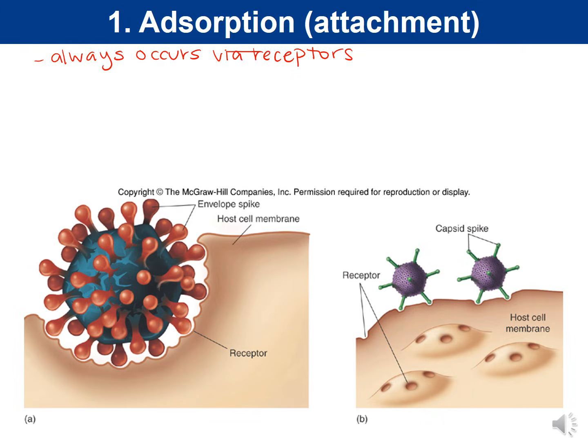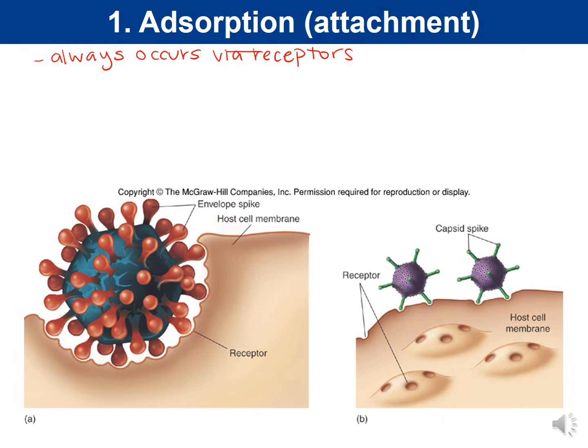Now, the way that the virus is absorbed is a little bit different if we're talking about an enveloped virus or a non-enveloped or naked virus. In both cases, they have receptors, and these receptors are usually proteins or glycoproteins, which, remember, glyco means sugar. So they are receptors that are a mixture of protein and sugar.